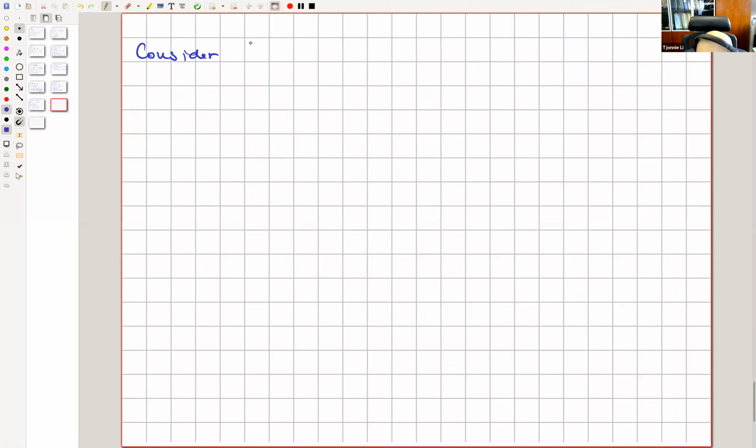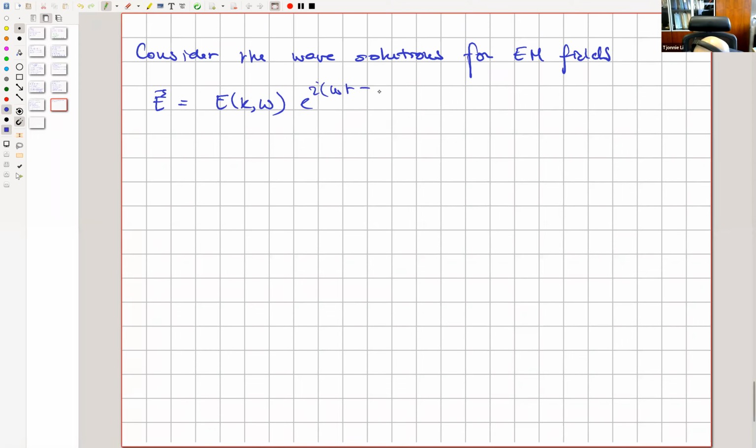Consider the wave solutions for EM fields. In this case, we can write E as a function of, let's say, k and omega, E(ω) e^{i(ωt − k·r)}.